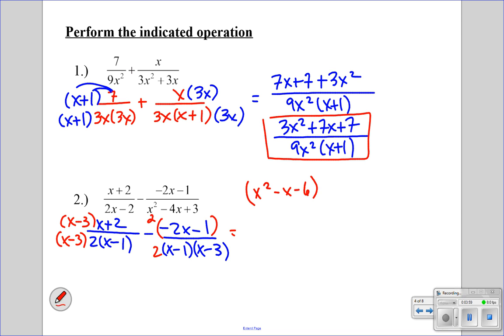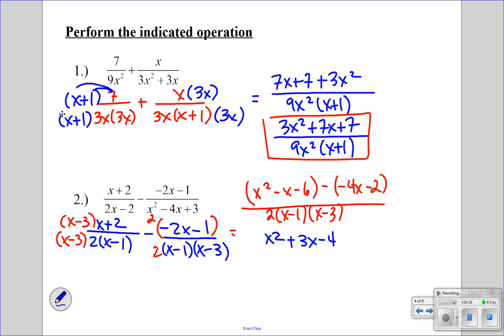Then we're going to subtract negative 4x minus 2, all over 2 times x minus 1 times x minus 3. Now we're going to combine like terms on the top. So we have x squared, and negative x plus 4x gives us a positive 3x, and negative 6 plus 2 is a negative 4, all over 2 times x minus 1 times x minus 3.